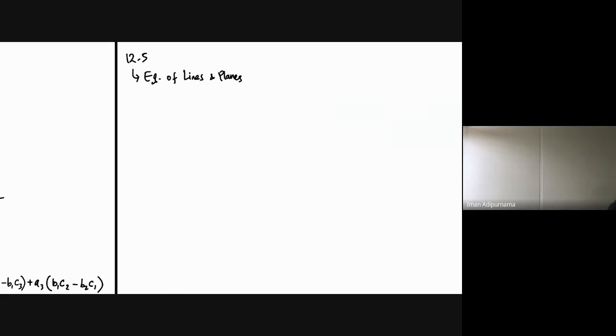The important thing in chapter 12 in our lecture is 12.5 and 12.6, because 12.5 is more application to see the lines and the planes, and you will use lines and planes in the next chapters.